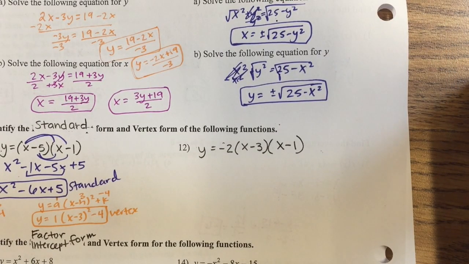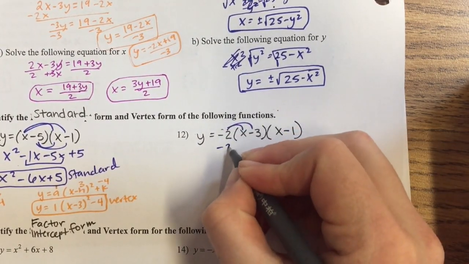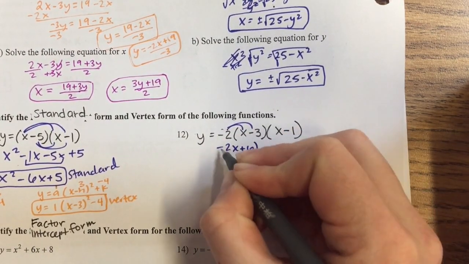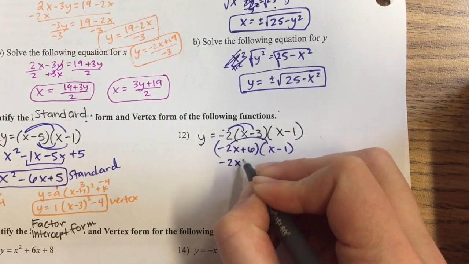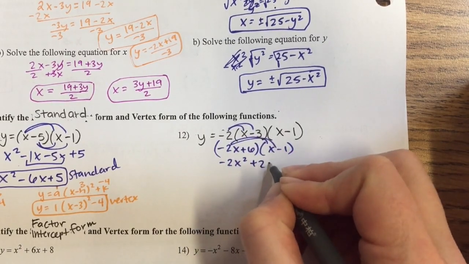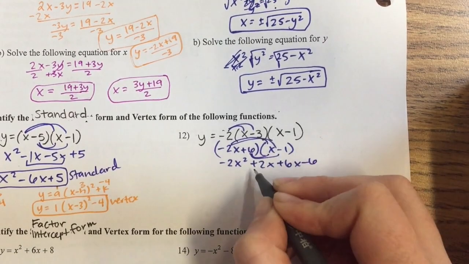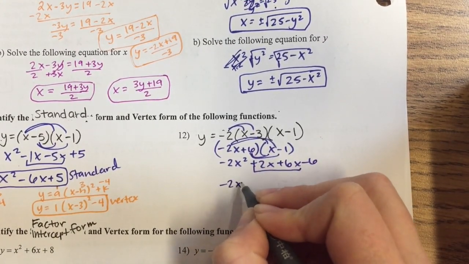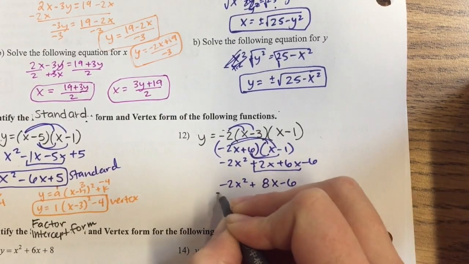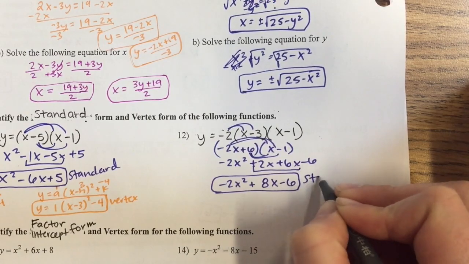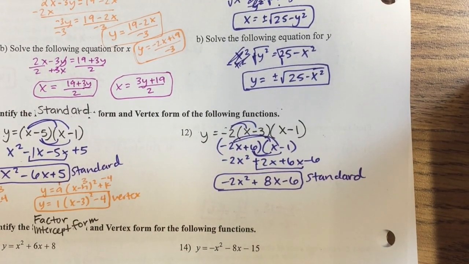Standard form on 12. Distribute that negative 2 in. Distribute. There's standard form.